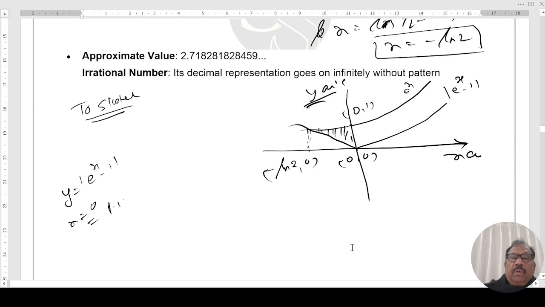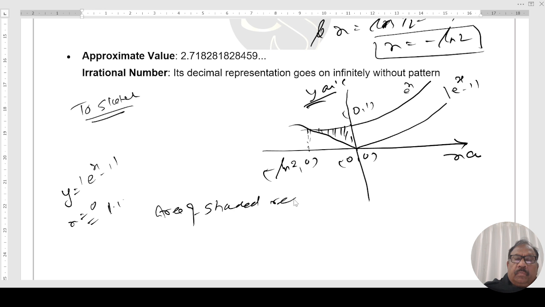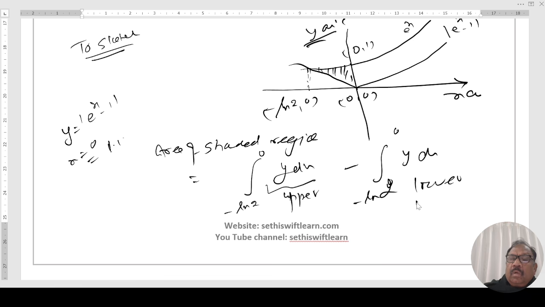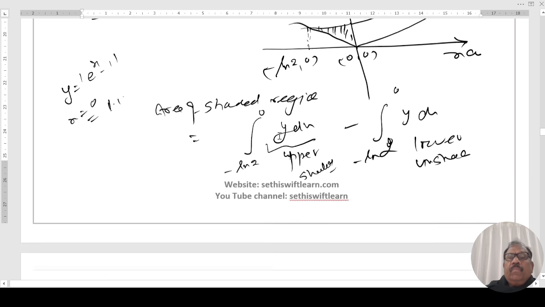So area of required region, area of shaded region, will be equal to the integral from lower limit minus ln 2 to 0 of y dx, upper curve, minus the integral from minus ln 2 to 0 of y dx, lower, the unshaded portion. This is the shaded, right?